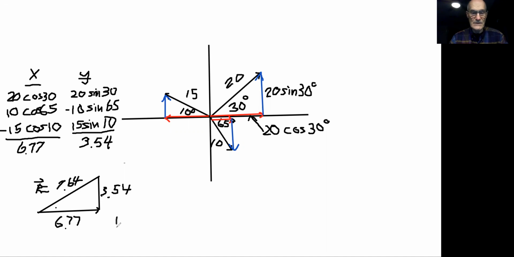Now, to get my angle here, which is right in here, I do an inverse tangent. So I do tangent minus 1, the inverse tangent of the opposite side here, which is 3.54, divided by 6.77.